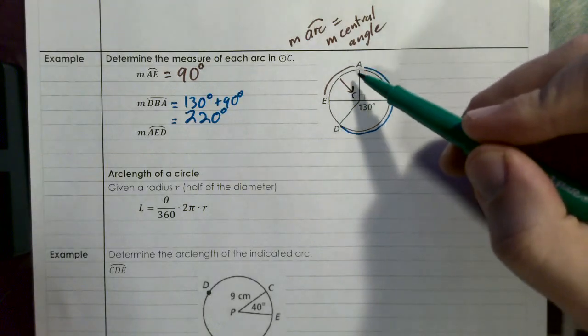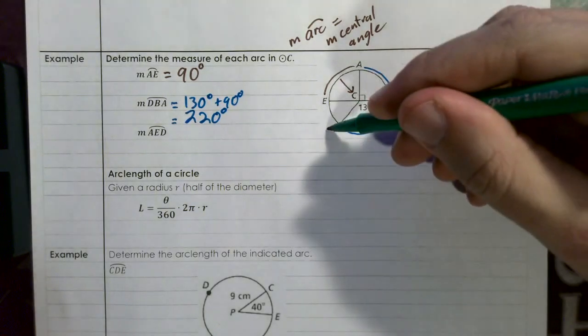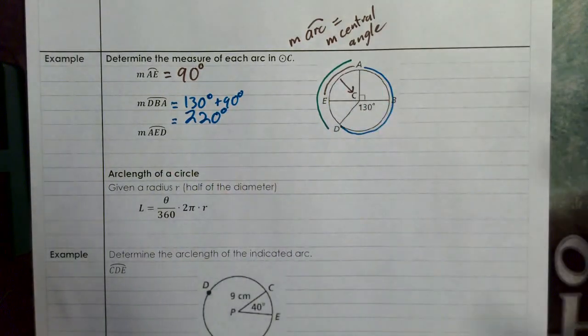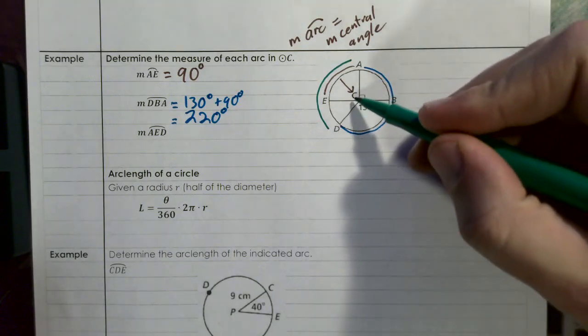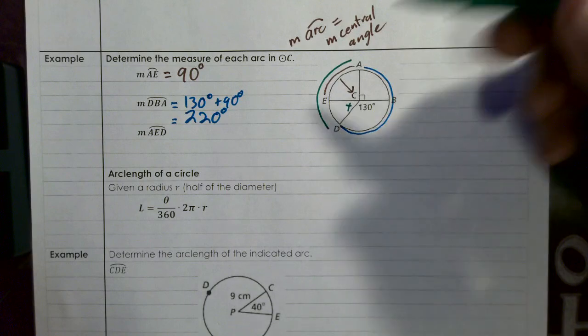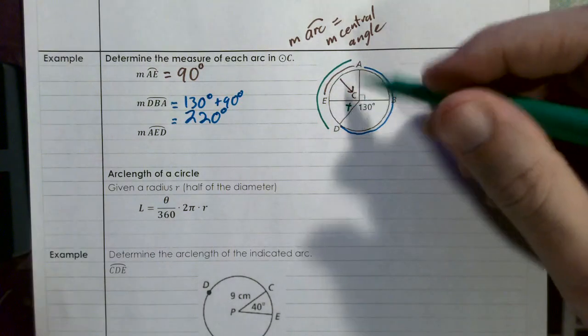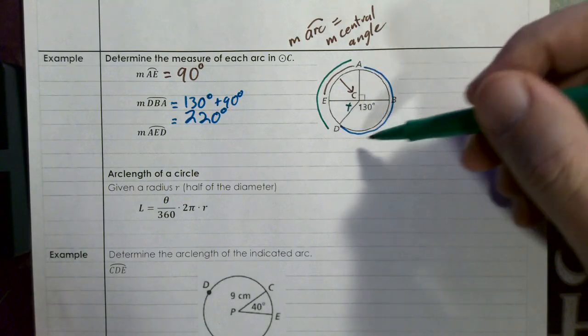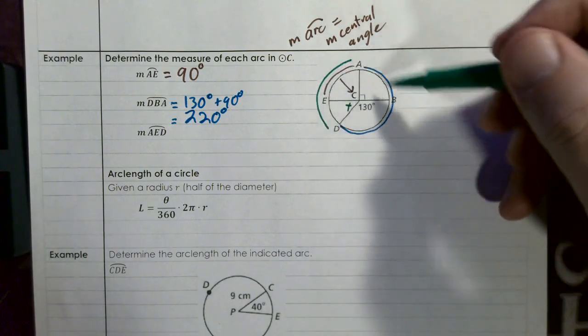Last one, if I'm looking for AED, so this minor arc right here, they gave me 3 letters. They didn't have to give me 3 letters, but it was nice that they did. I need to know what the measure of that arc central angle is in order to figure out what this arc out here is. Or what I could also do is I know there's 360 degrees in the circle.